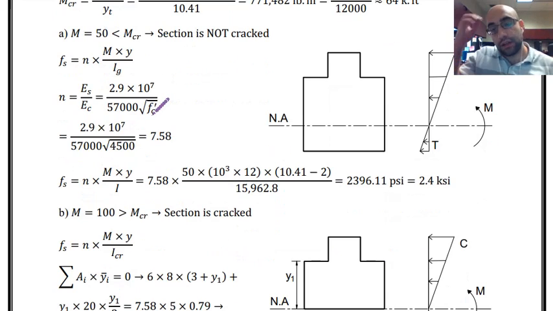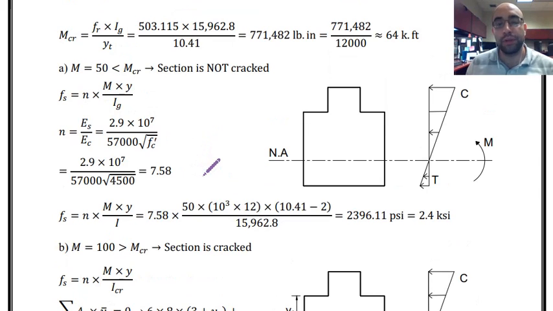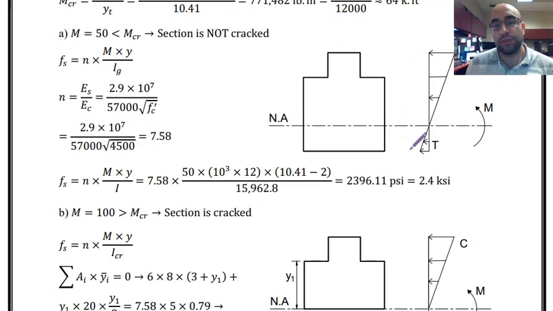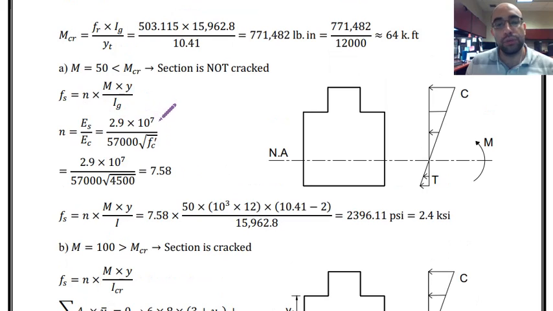So with that being said, I can simply consider the situation of having a section with applied moment lower than cracking moment, and then we know the stress distribution is linear. So all I need to do is to just consider the equation that we have for stresses, and that is the equation.